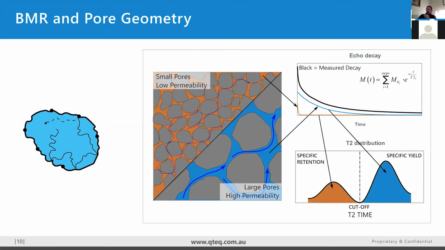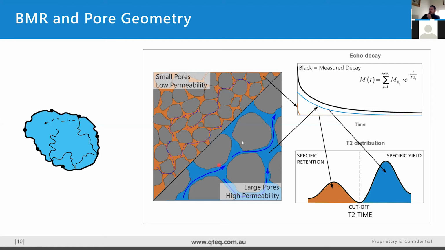Two of these are very negligible for the majority of the environments that we work in, and the main driver is a pore size relationship. If we have very small pores, like in this top left section here, then our decay looks something like this brown line down here at the bottom.